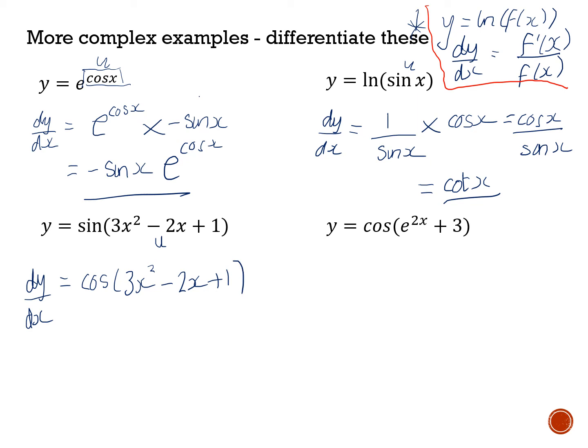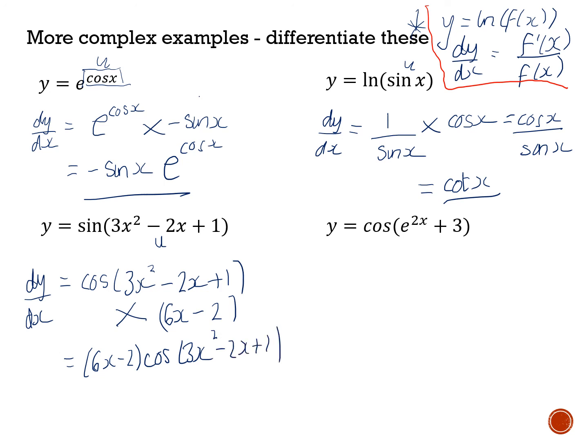It's a horrible argument, but it's always the same argument. What do I times by the chain rule? du dx. Okay, so let's differentiate that. What do I get? 6x minus 2. Multiple terms, must stick it in the bracket. Okay, just write my answer a bit neater. I'd probably put that at the front, and then just write that like that.